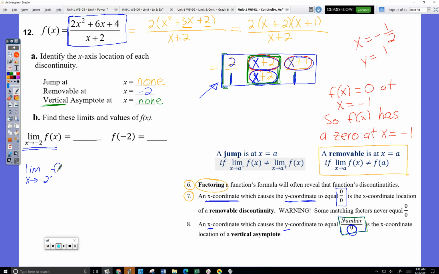And we're also supposed to find the limit when x is a little bit more than -2. So we are supposed to do both of them.